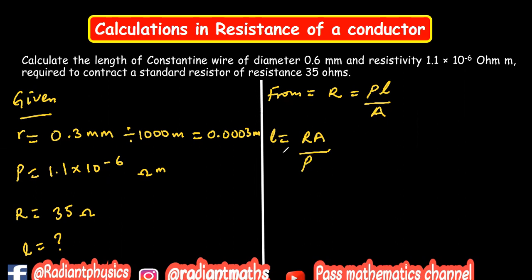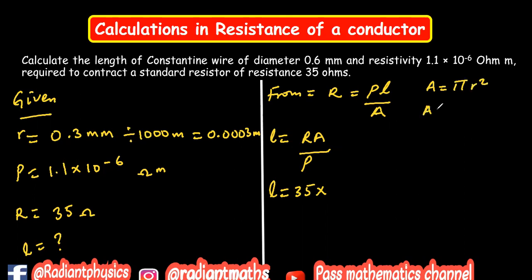Now, all you need to do is just to substitute these values into this formula. So we have length, which is going to be equal to R. Our R is 35 ohms times A, which is the area of the wire. To calculate the area of the wire, remember that the area of a circle is given as this, pi R squared.